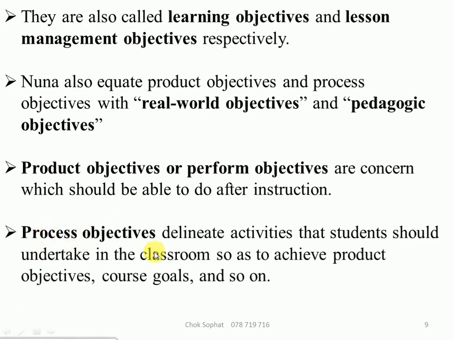The process objective delineates activities that students should undertake in the classroom so as to achieve the product objective, course goal, and so on. So product objective is the objective that you want after the students do the practice. And process objective is what we want our students to do step by step in the classroom.